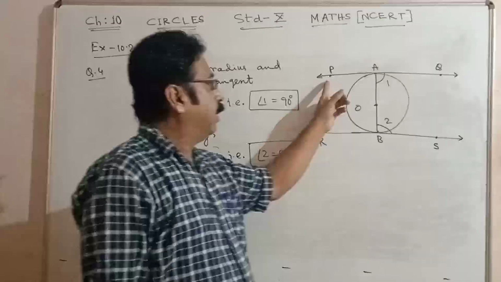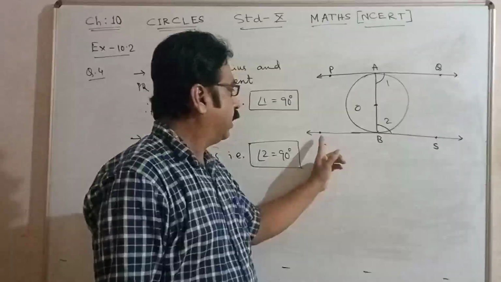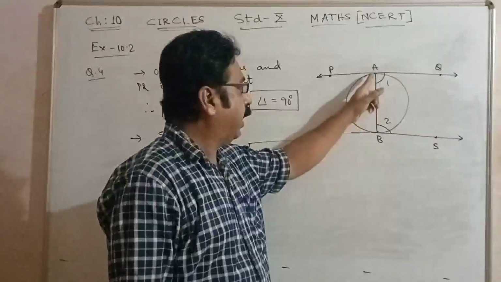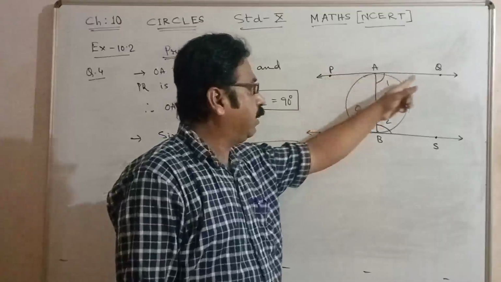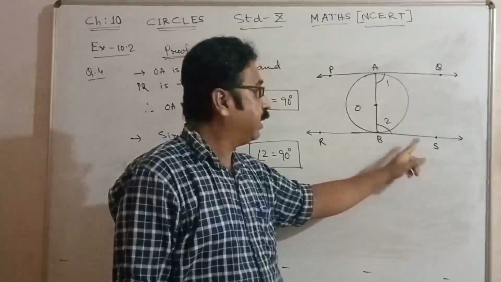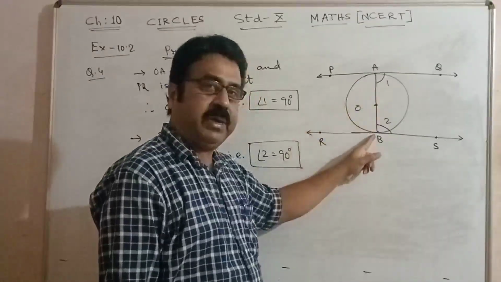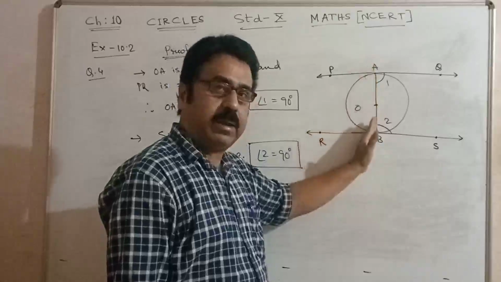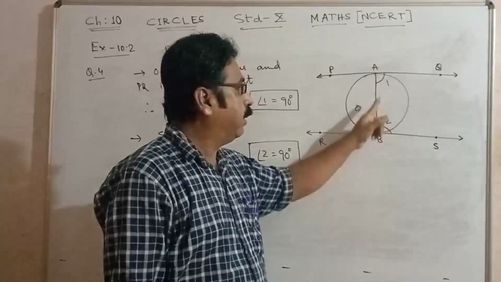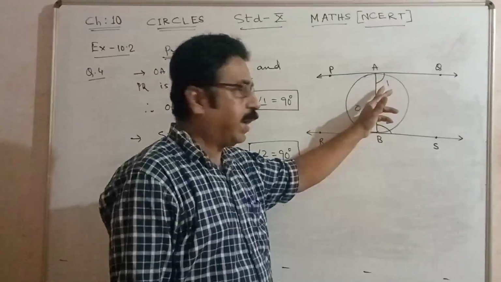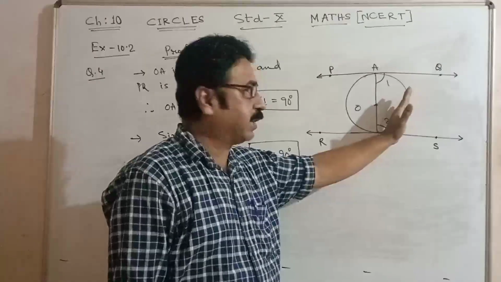Say PQ is a line, RS is a line, and AB intersects PQ and RS at point A and B. So it is a transversal. Now angle 1 and angle 2, they are lying on the same side of the transversal.